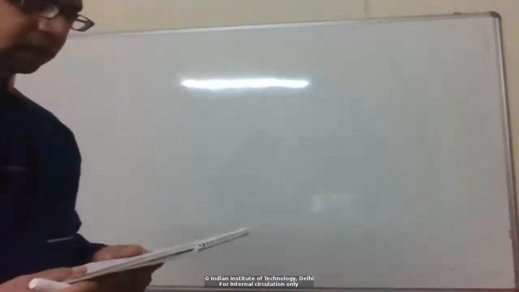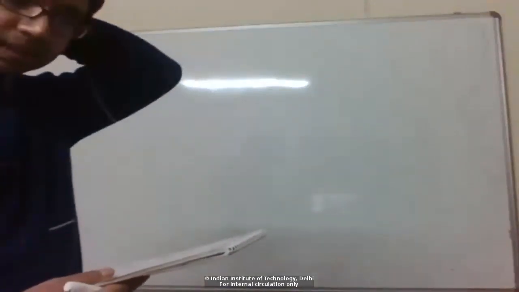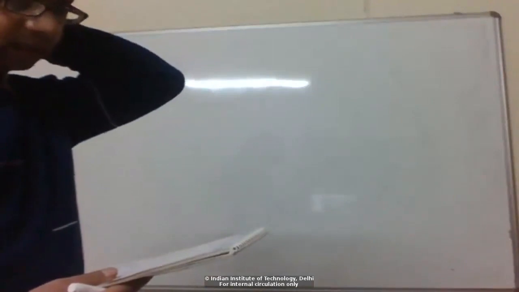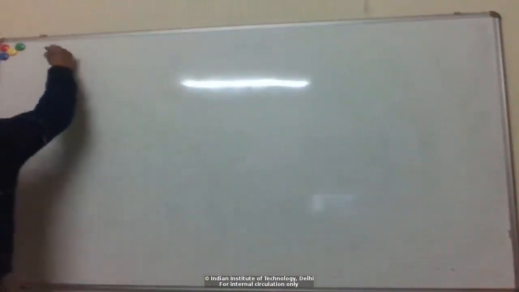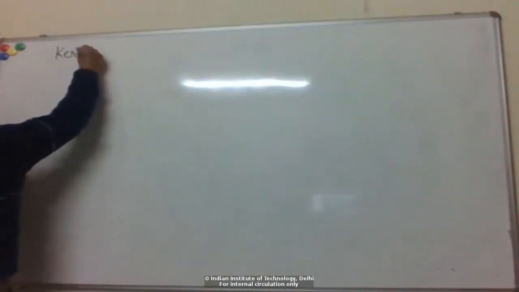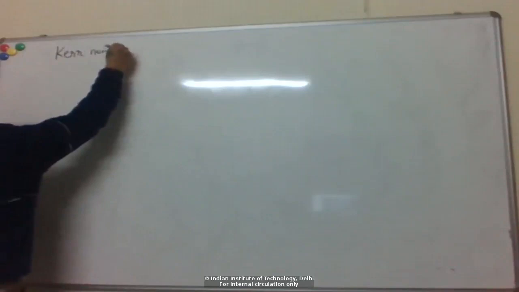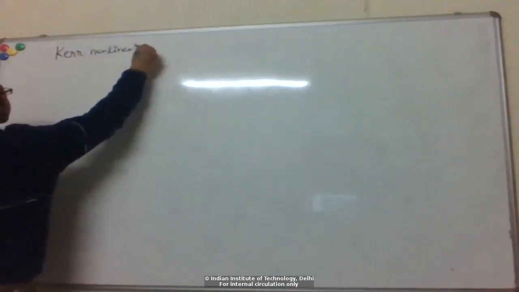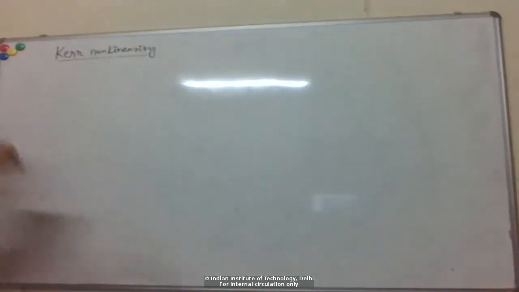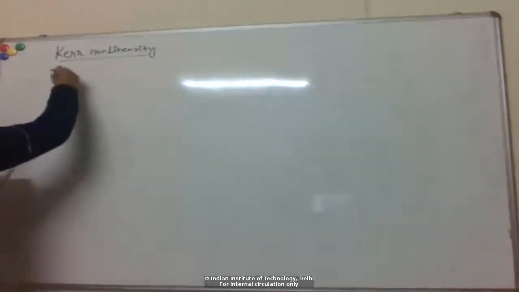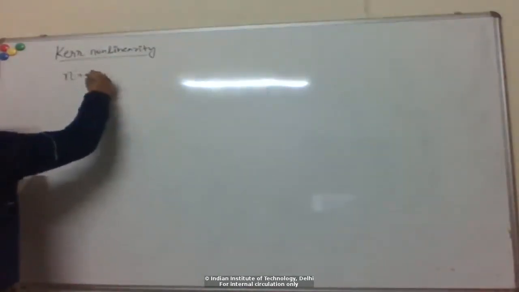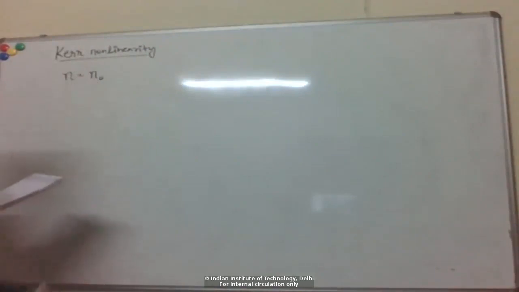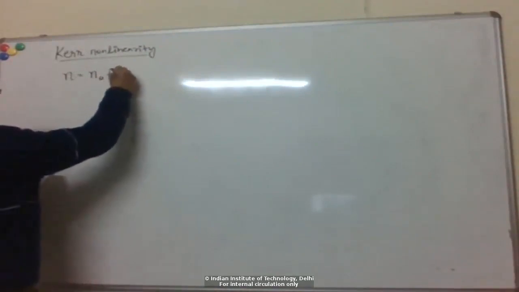So we'll continue our discussion on fiber nonlinearities and specifically Kerr nonlinearity that we started last time. Basically we said that due to the Kerr nonlinearity, the refractive index becomes intensity dependent.